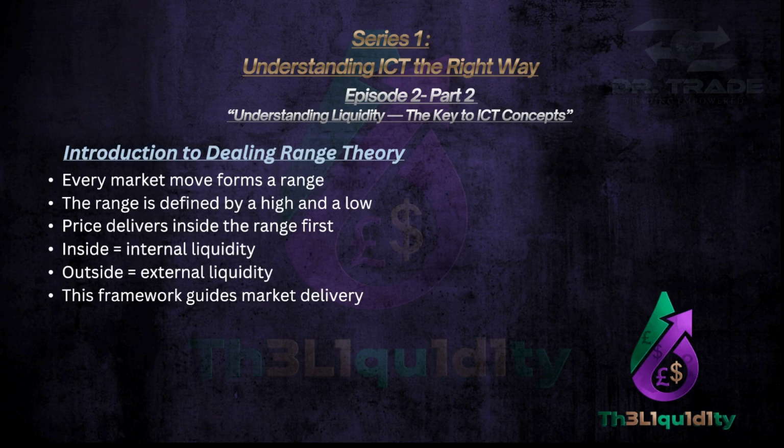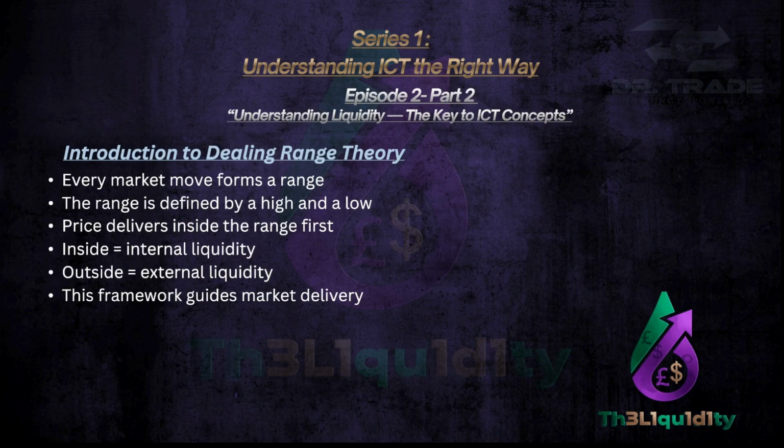When we put these various market profiles together, regardless of the time frame, we would find a dealing range. Now, a dealing range, in simplified terms, is defined as a high and a low, where both the high and the low of this range has taken both sell side liquidity as well as buy side liquidity.